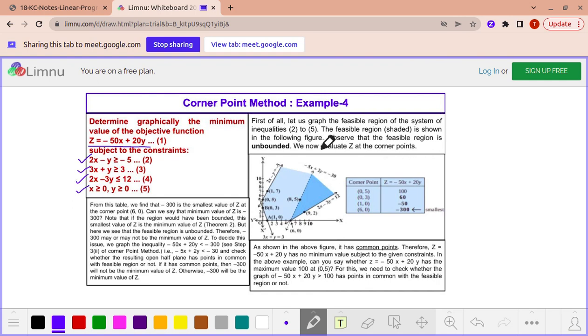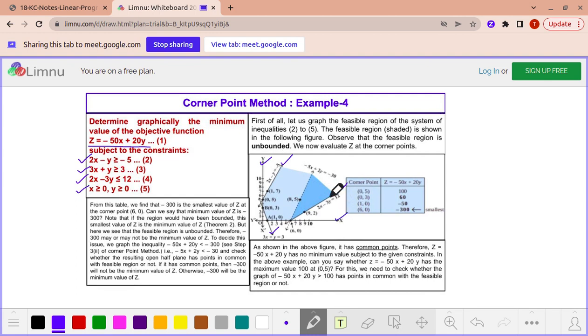For example, 2x minus y equal to minus 5, that is a straight line. Second, 3x plus y equal to 3, that is a straight line. Next, 2x minus 3y equal to 12, that is a straight line. And finally, x equal to 0 is the y axis and y equal to 0 is the x axis.